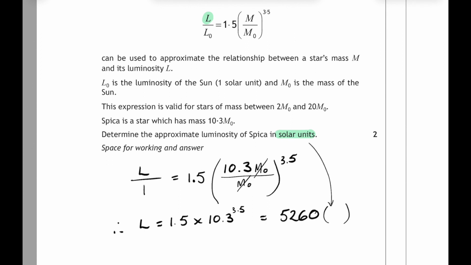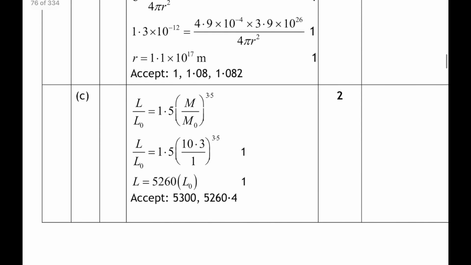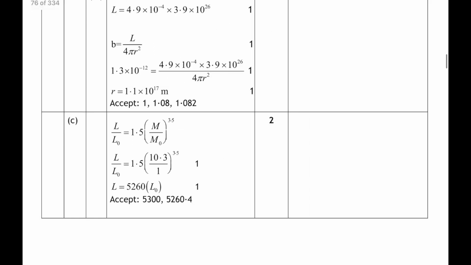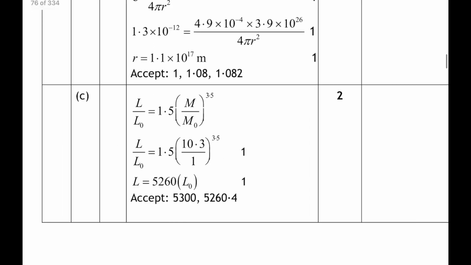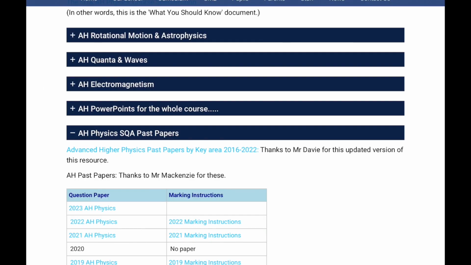So you could put L naught in there because L naught is equal to 1 solar unit, or you could just write solar units. Or, if we have a little look at the marking instructions, you can just leave your answer as 5260. You don't actually need a unit because you were told to express your answer in solar units.